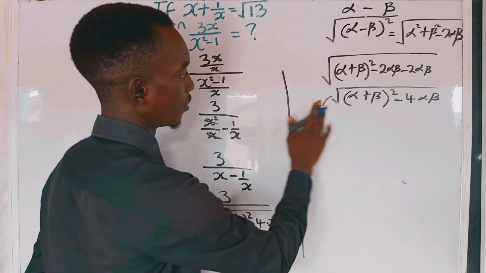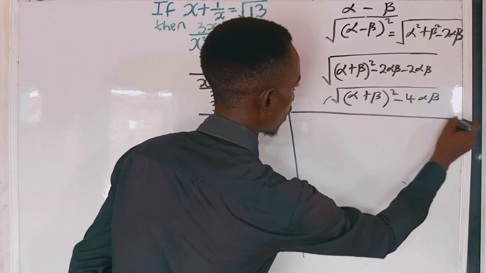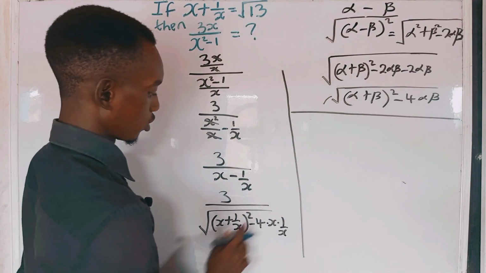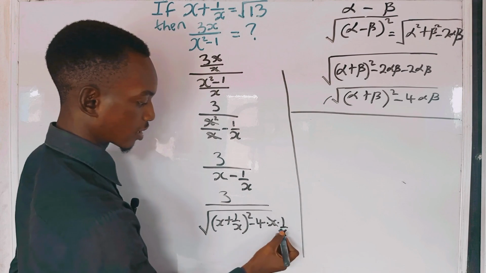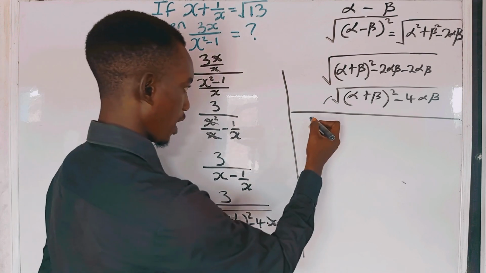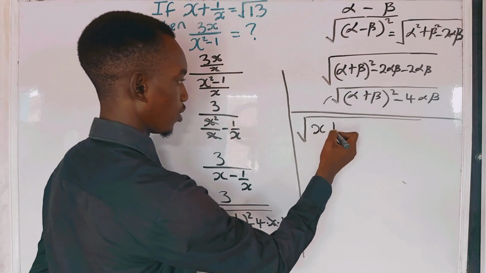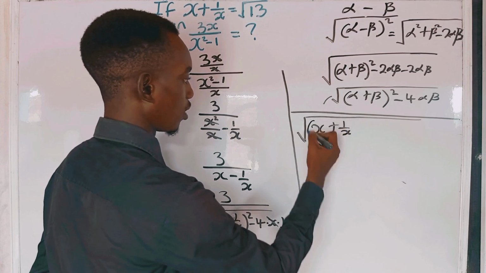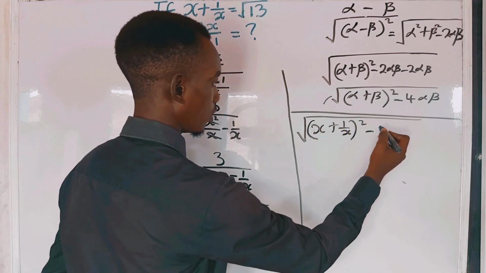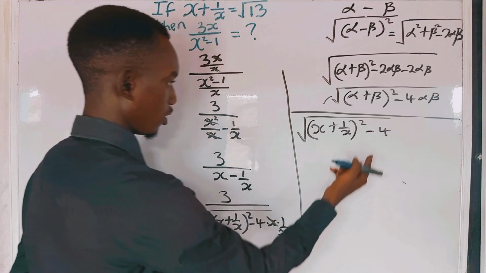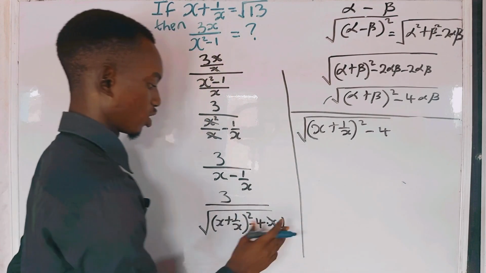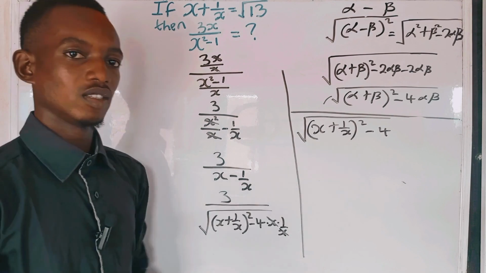We are getting there. Let's continue here. We can simplify this further because x can cancel x. Then here we have the square root of (x plus 1 over x) all squared minus 4. Okay, so I've simplified this and I've gotten this.